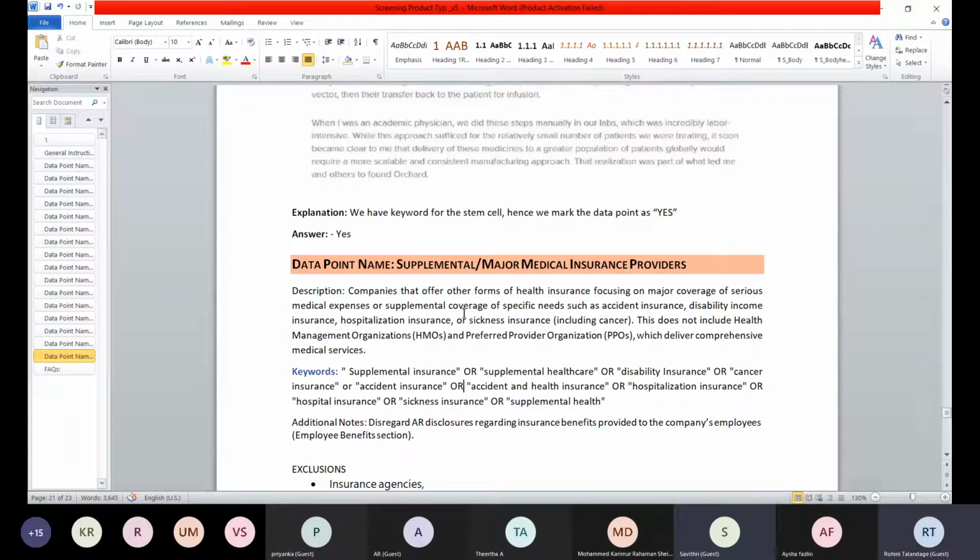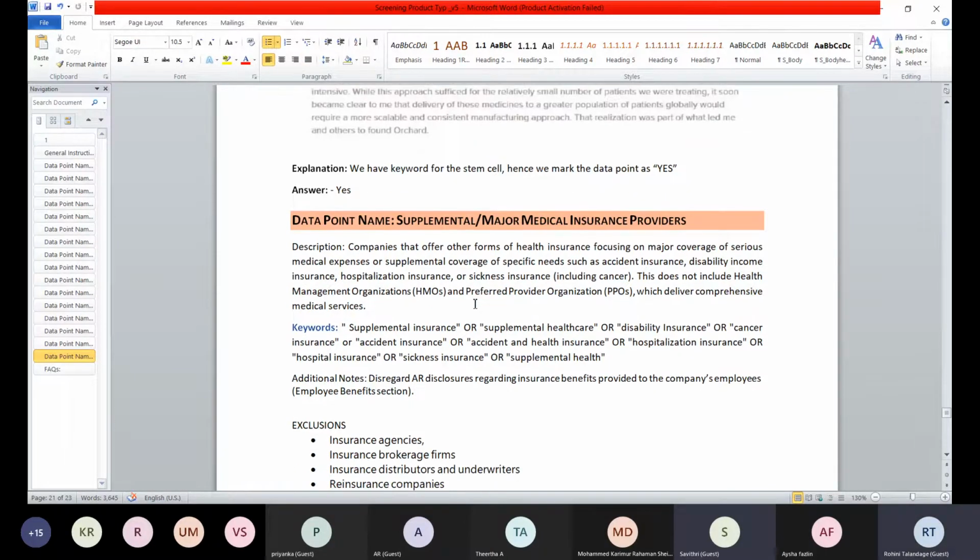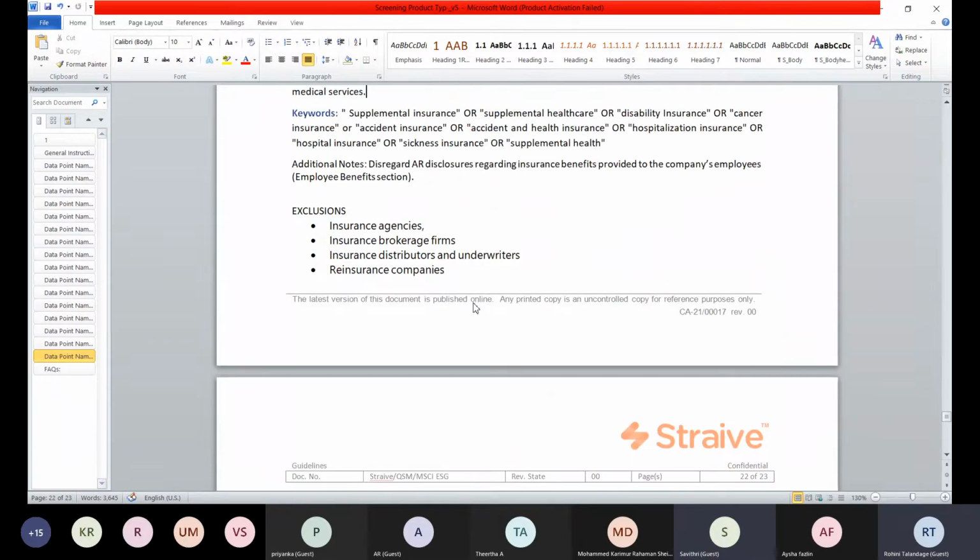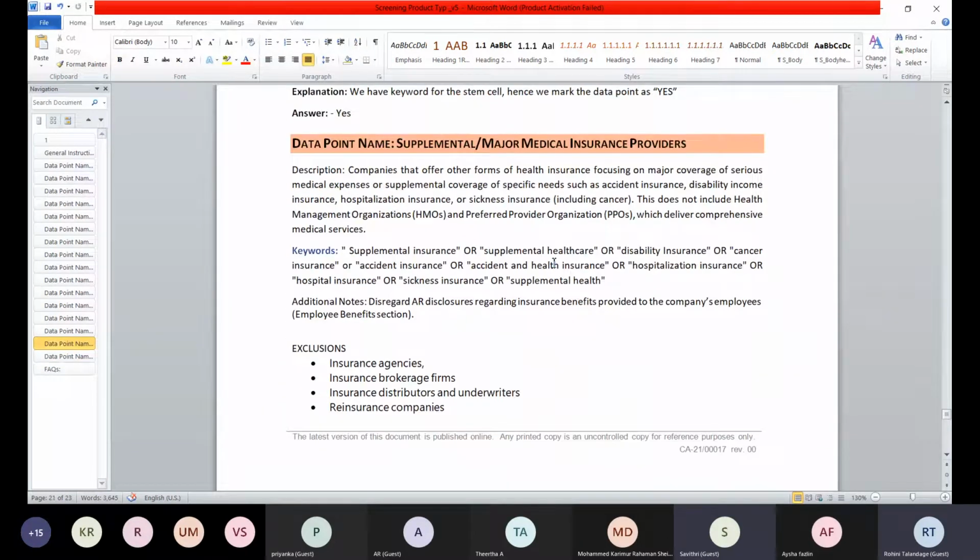Okay, we have one more data point. This is the next data point: supplemental or major medical insurance providers.